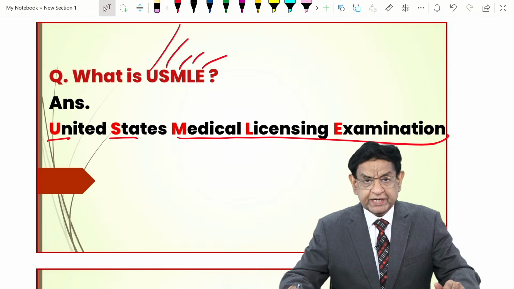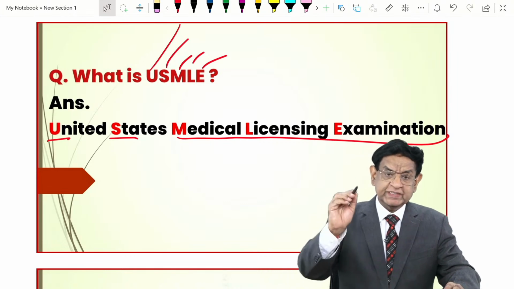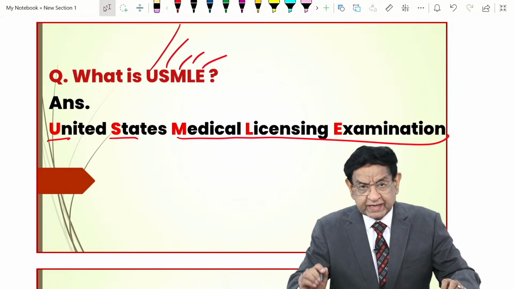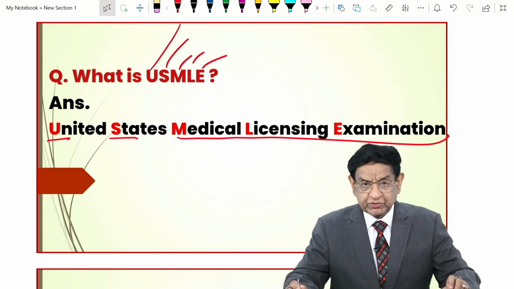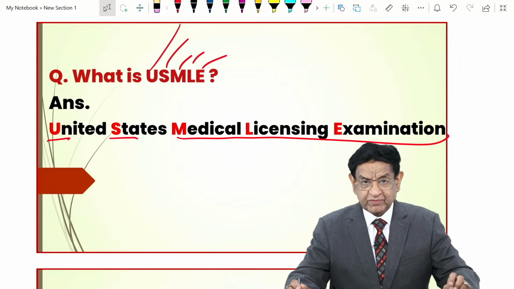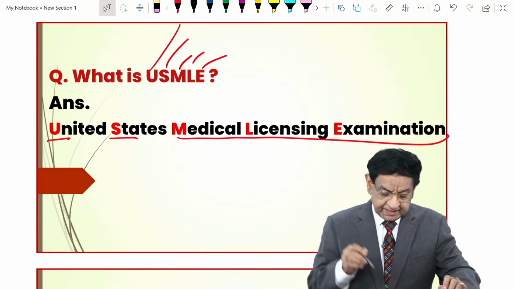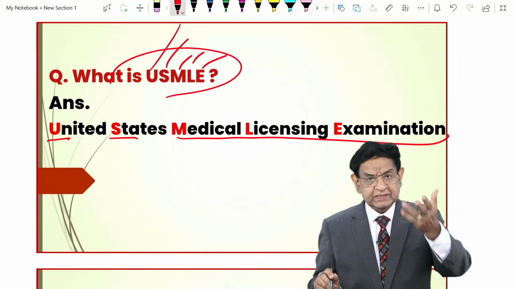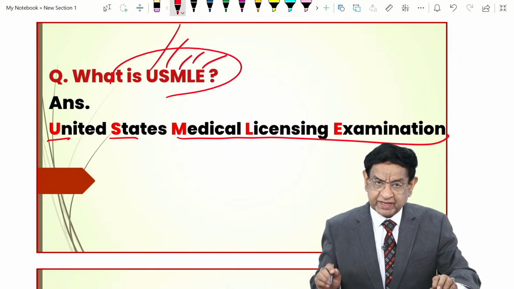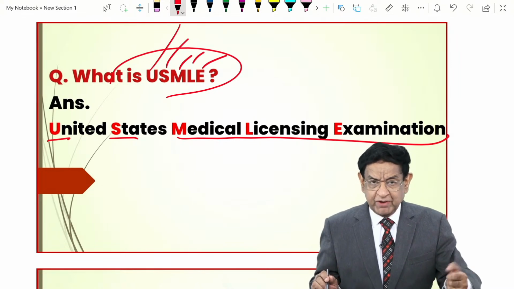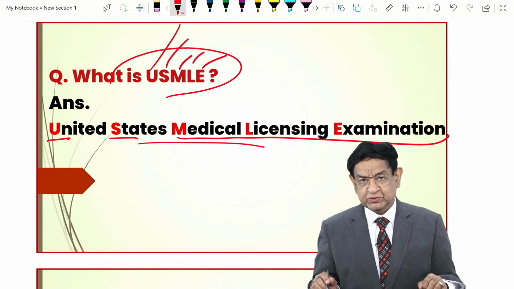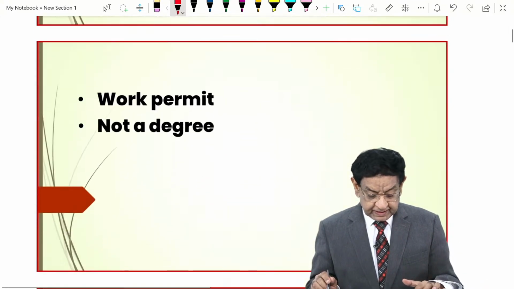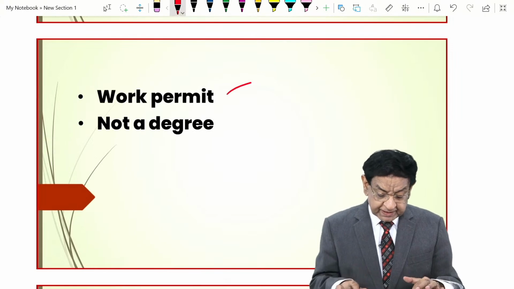It is mandatory for everyone, even if somebody has done MBBS from USA, is a citizen of USA, and his mother and father are from USA, he still has to pass USMLE. Just like a driving license, wherever you stay, you have to take a driving license before you drive. It's the same thing. This is a license to work in USA. It is a work permit in USA.